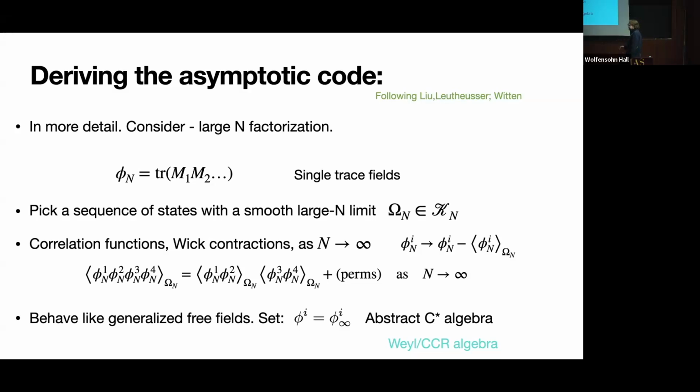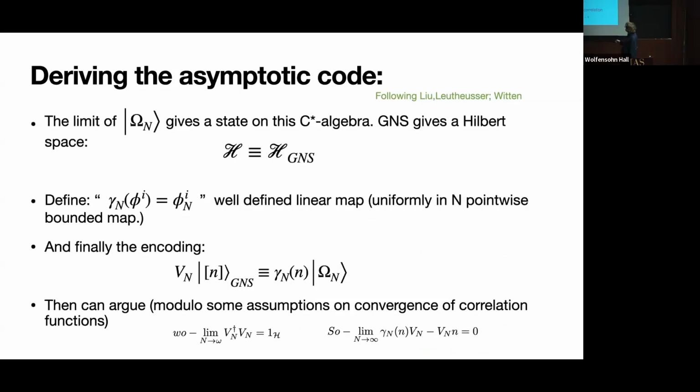So based on that, I can consider some abstract algebra built out of the infinite n fields, which you can just think of as some label on operators. In fact, this is some abstract C-star algebra. The sequence of states that we picked gives us a limit to a state on this C-star algebra. When you have a state and an algebra, you can always construct a Hilbert space using the GNS procedure. So we have a Hilbert space.